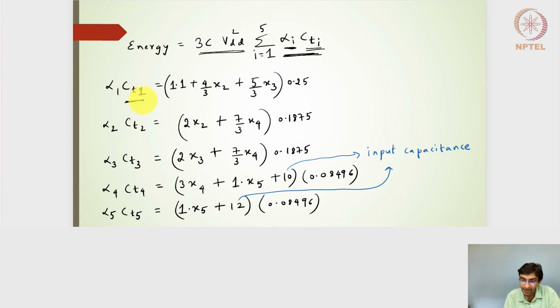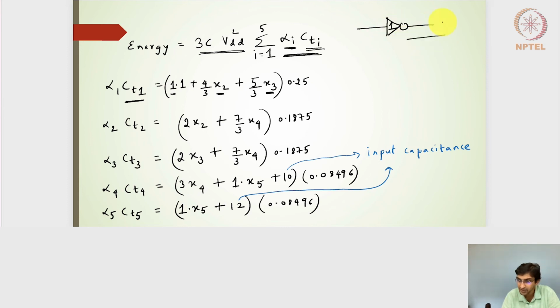So CT1, the total capacitance at the output of node 1, using the driving factor. I know the driving factor of the first gate, which is an inverter, is 1. The second one, which is a 2-input NAND gate, is x2. The one below that has a driving factor of x3. So the total capacitance seen at the output of the first node, which is the inverter, is having 1.